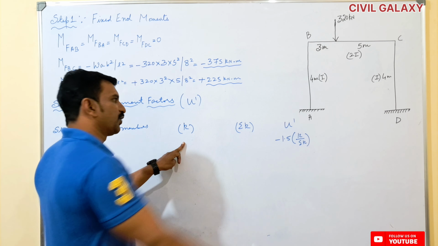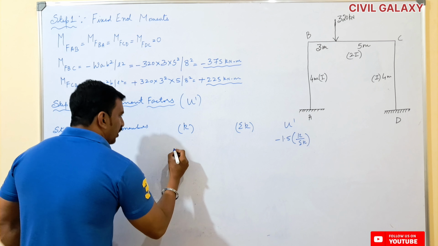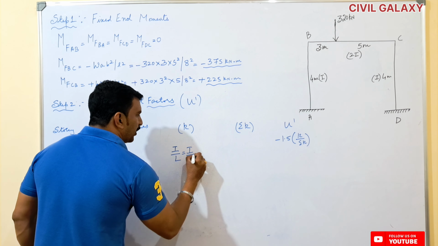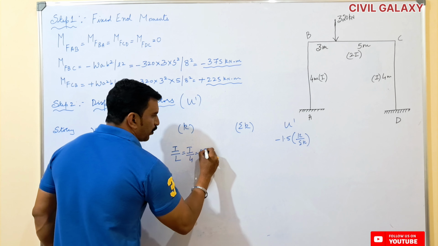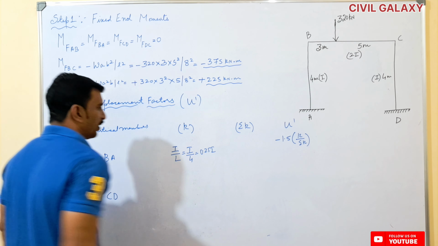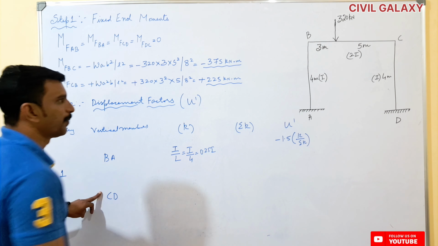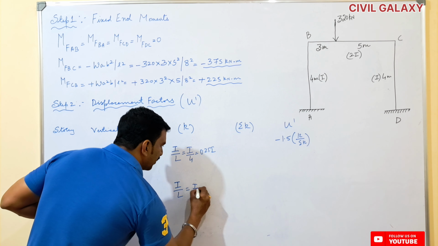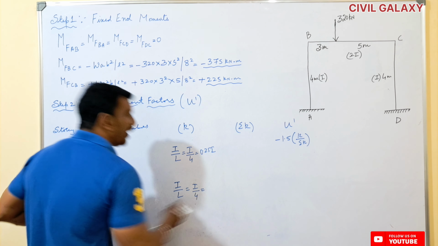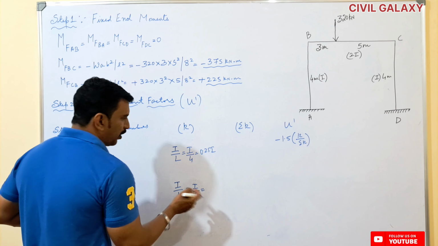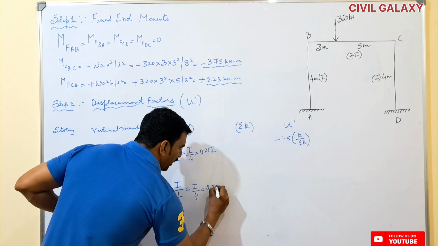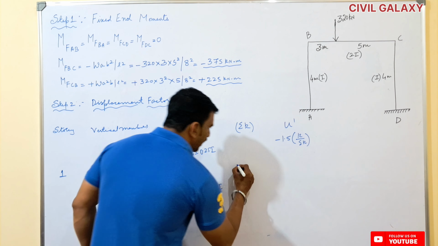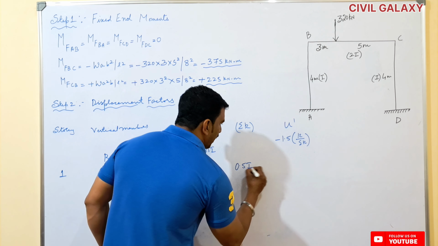Since the far end is fixed, the stiffness will be equal to I upon L. I upon the total length of 4 meters will be equal to 0.25 I. For CD, the value remains the same, since the moment of inertia is I, so I upon 4, that is 0.25 I. If we take the summation of these two, we get a value of 0.5 I.